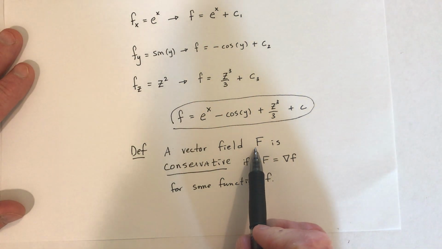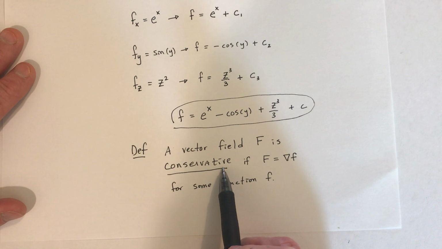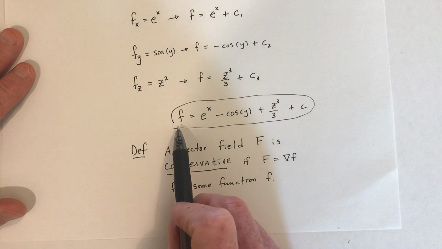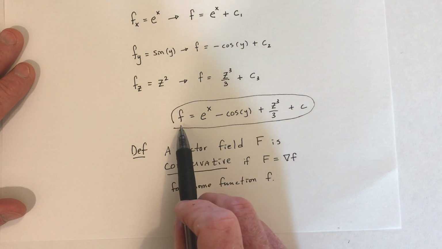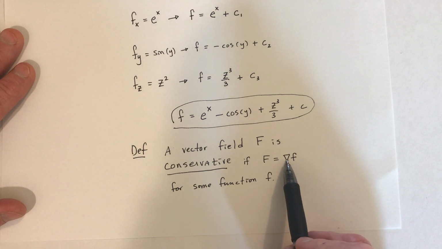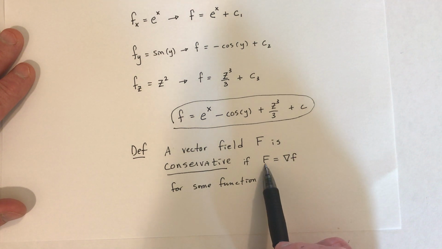So if you want to know if F is conservative, then you actually have to work backwards like we did right here and find out what the f is so that the gradient of little f is equal to capital F.